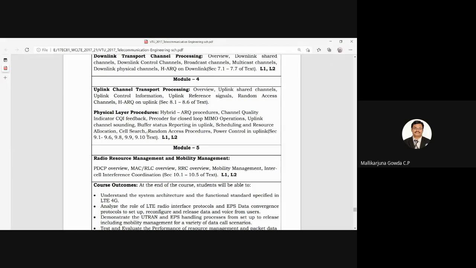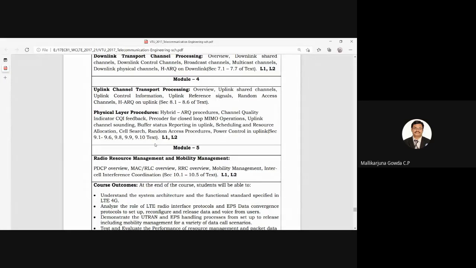Module 5 is all about radio resource management as well as mobility management. You all know any communication device will be developed with a layered architecture, right? Are you all aware of the OSI reference model?